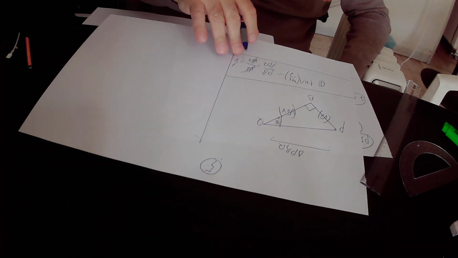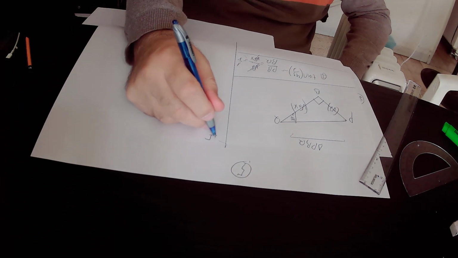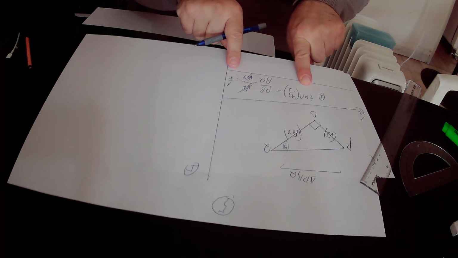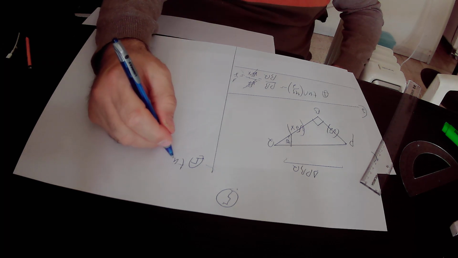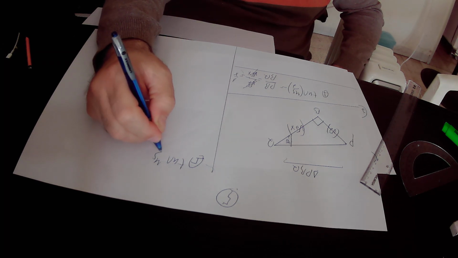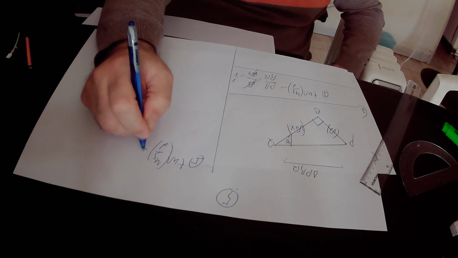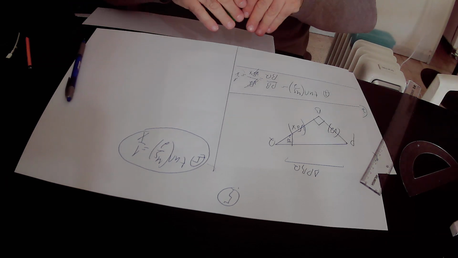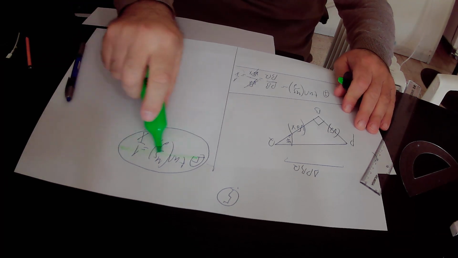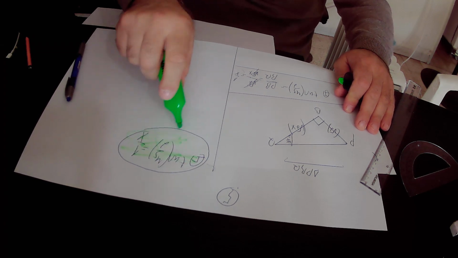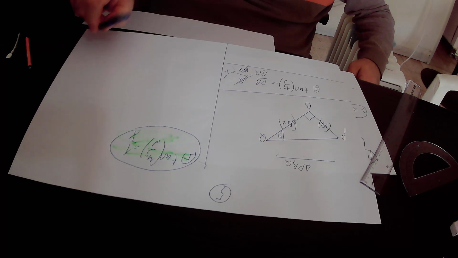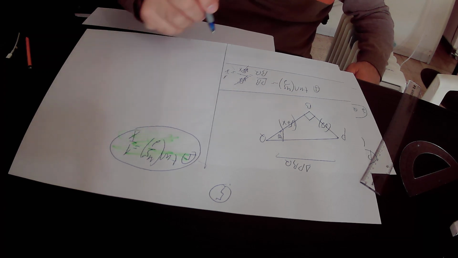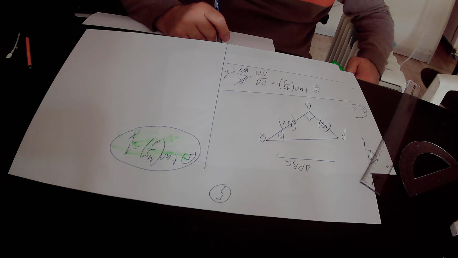In conclusion, we found that according to equation number 1, tangent 45 over 2 degrees equals 1 over x. I remind you that x is the line segment that we are looking for.